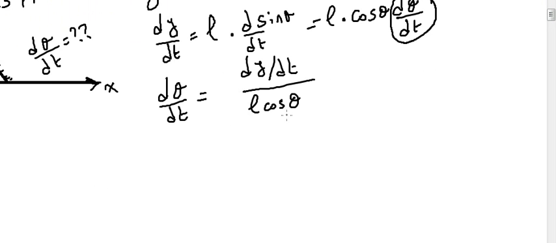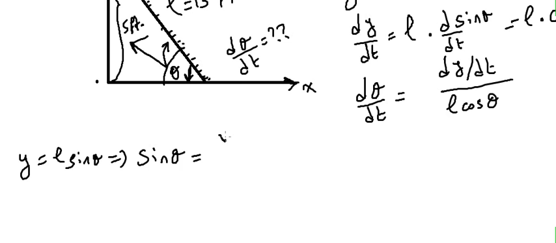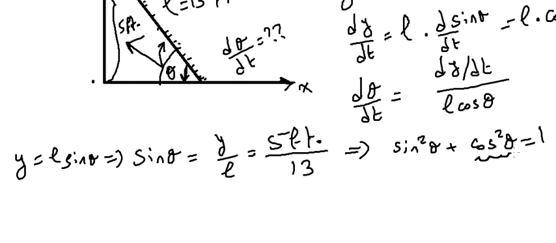Since y equals L sine theta, we can find sine theta, which is y divided by L. The y is 5 feet, so it is 5 over 13. If we have sine, we know that sine squared theta plus cosine squared theta equals 1, so now we can find the cosine.